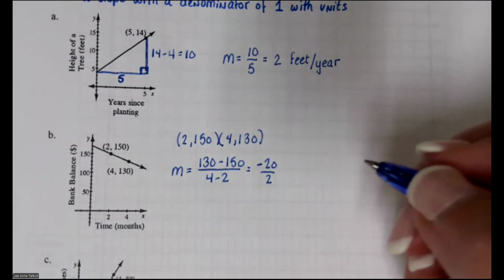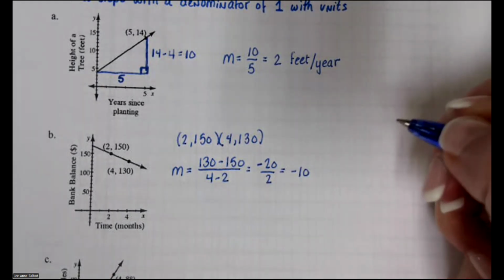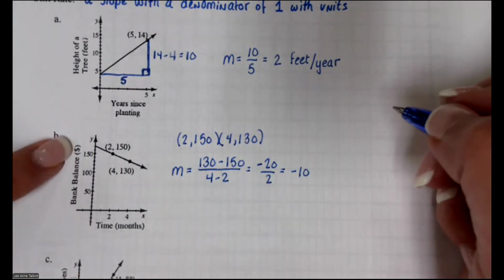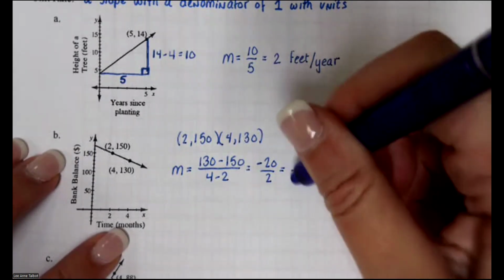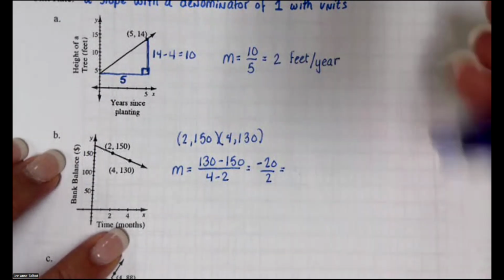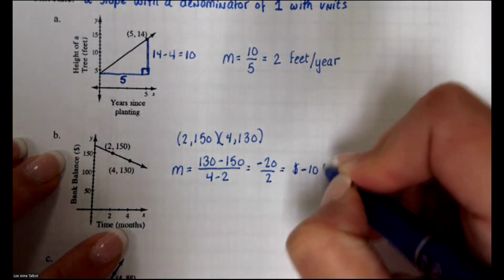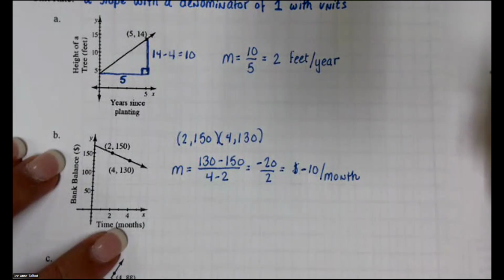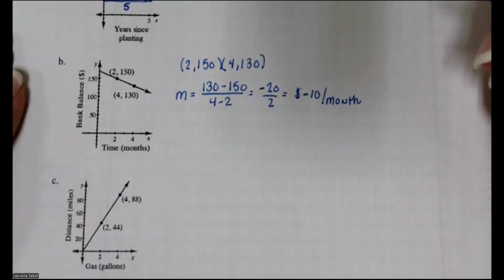Okay, what is negative 20 divided by 2? Negative 10. And what are the units on this one? Dollars per month. Okay, so I'm actually going to erase this and put my dollar sign in the front, because dollars is technically supposed to be in the front when you write money stuff.